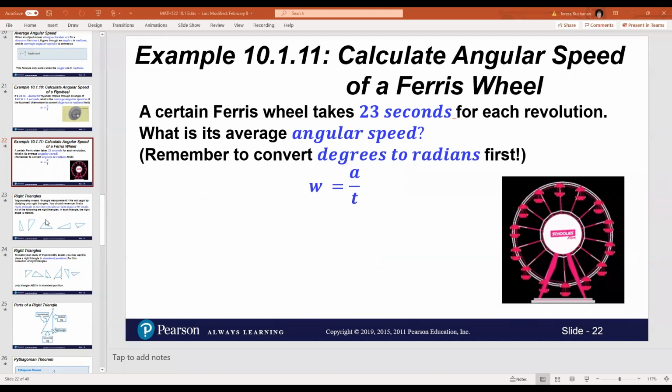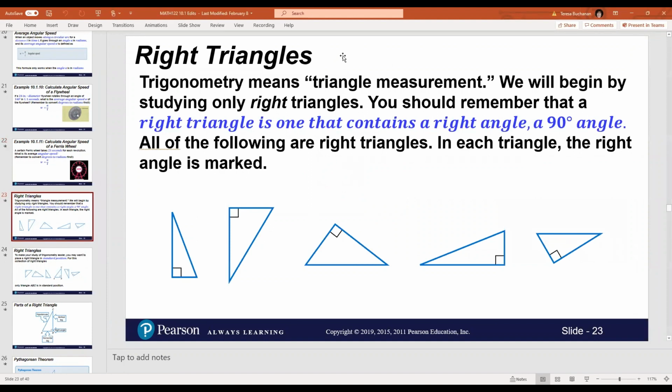So we jump now into what looks like an entirely different topic in the same section, 10.1. I don't know why it doesn't get its own section. It seems like it would. But we're ready to now talk some about right triangles. Trig. We're doing trig. So you guys have to do some trig.